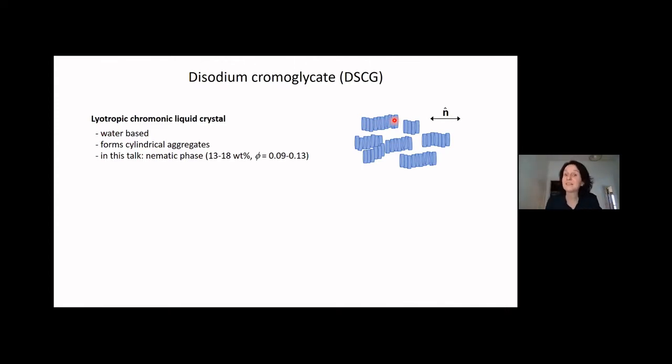These cylindrical aggregates then act as the liquid crystalline unit. Now, in this story, we prepare the liquid crystal in the nematic phase, which corresponds to a weight percent of DSCG in water of about 13 to 18%. And so in this nematic phase, all the directors point in a certain direction. So there's a certain degree of orientational ordering, but no translational ordering.